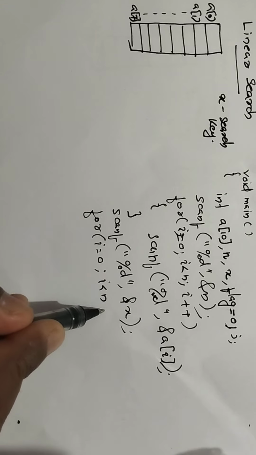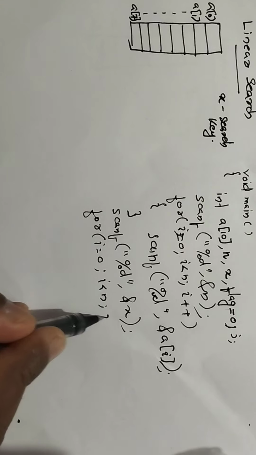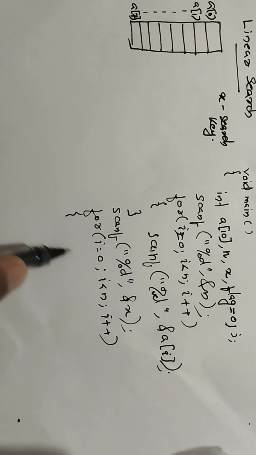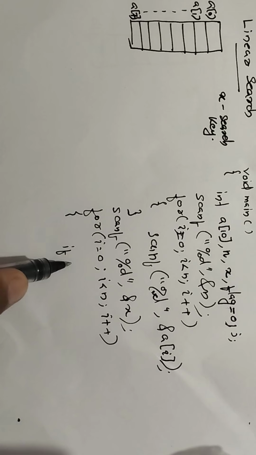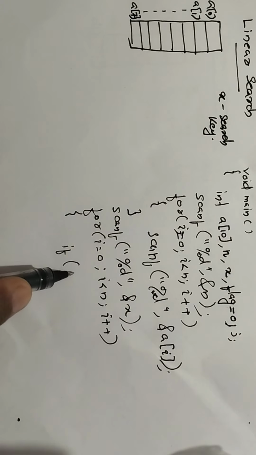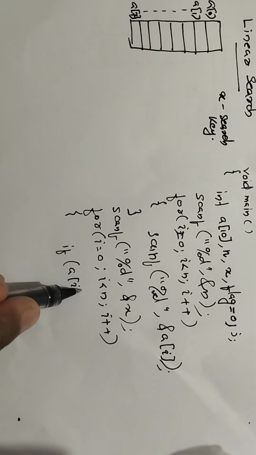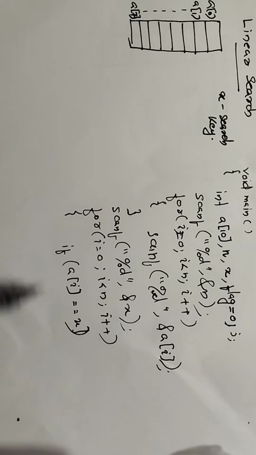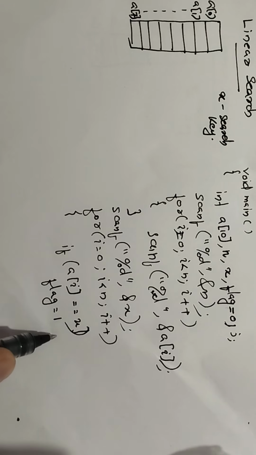So we set a loop like this: i equal to 0, i less than n, i plus plus, and for each i value we check this condition: if a of i is equal to x. If this condition is satisfied, we set flag equal to 1. After that we execute a break statement.